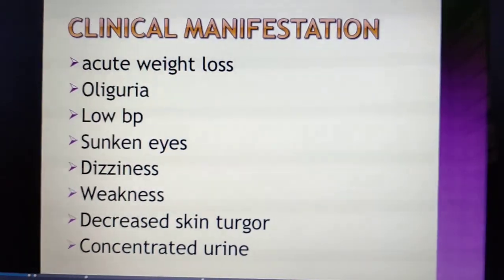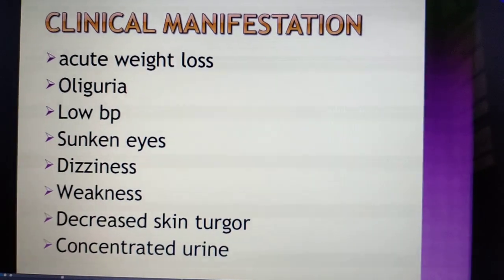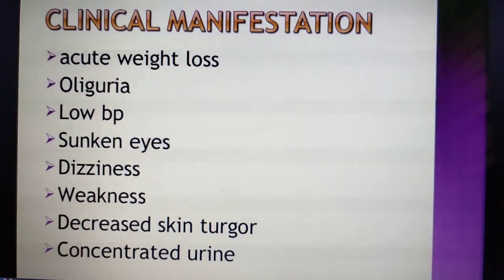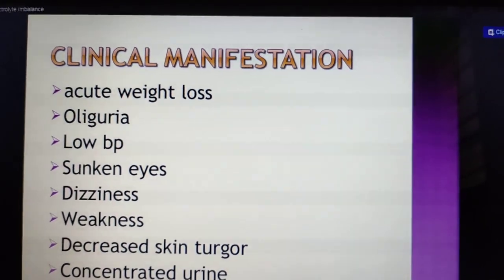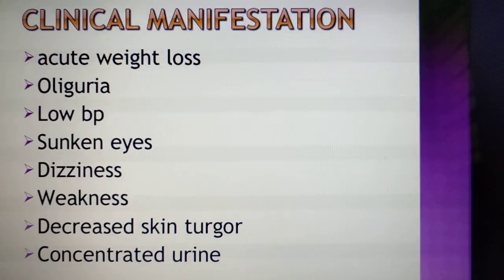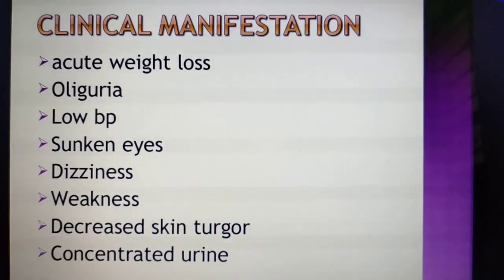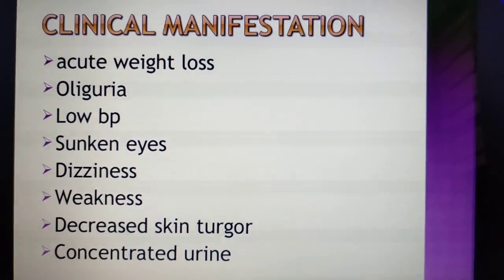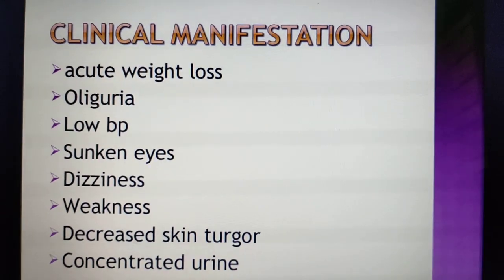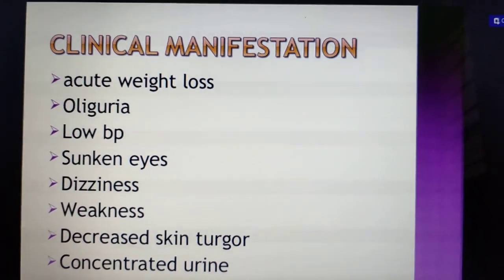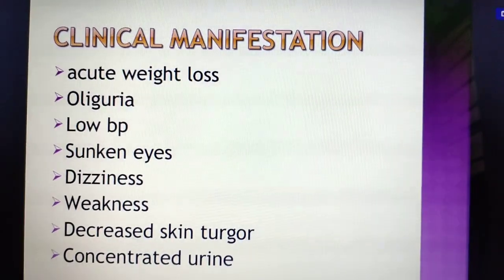These are all the clinical manifestations. The patient has sunken eyes, dizziness, weakness, decreased skin turgor, the body becomes very dehydrated, with rough, dry skin, acute weight loss, and low BP. Okay, these are all the clinical manifestations.